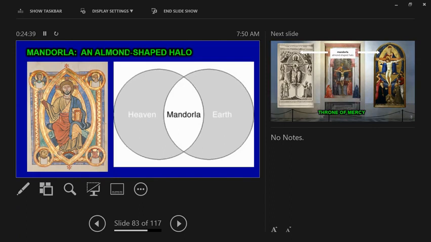I also want you to know what a mandorla is. A mandorla is this, they call an almond-shaped halo around Christ. And this shape comes from, it's almost like a Venn diagram between heaven and earth. And Christ is the go-between between heaven and earth.